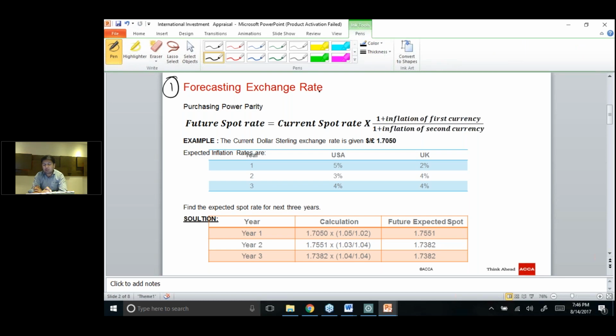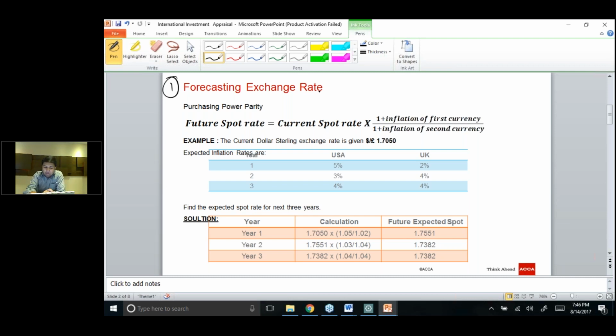Because in international investment appraisal you are going to invest in some foreign projects, and let's suppose you have invested in a 5 year project, and during those 5 years, every year that foreign project will pay you some remittance, and every year you have to convert the foreign remittance into your currency, so you need the exchange rate every year to convert the foreign remittance into your home currency.